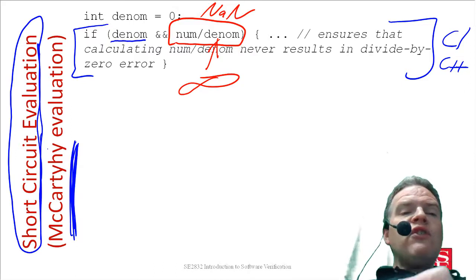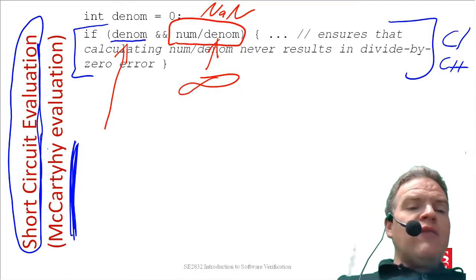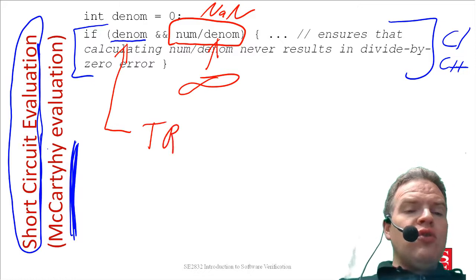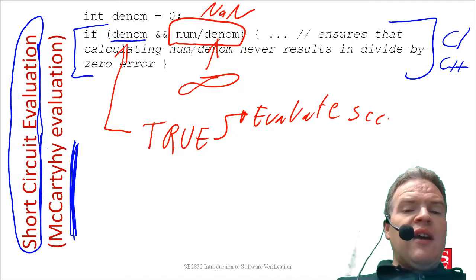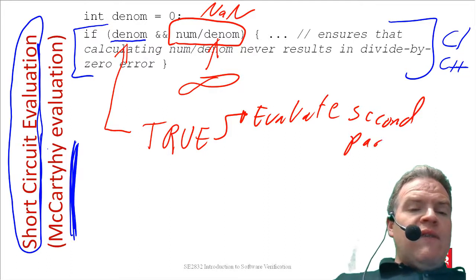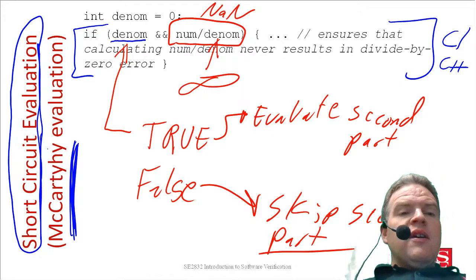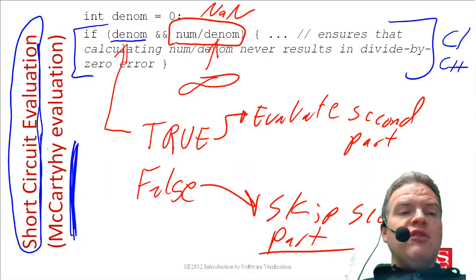So with short-circuit evaluation, this first part of the code will evaluate, and if it is true, then we evaluate the second part. If it is false, we skip the second part. Short-circuit evaluation is very, very useful for us.